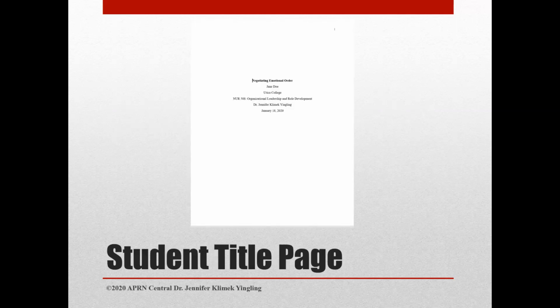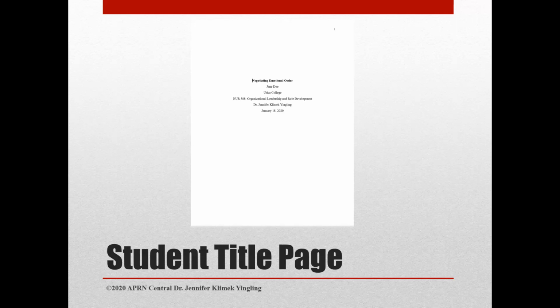All right, so your student title page. I want you to note that this is a student title page. There is no running head. The numbers for the page start right on that title page, in the upper right-hand corner, and you want to make sure that you have the same font for the whole paper.